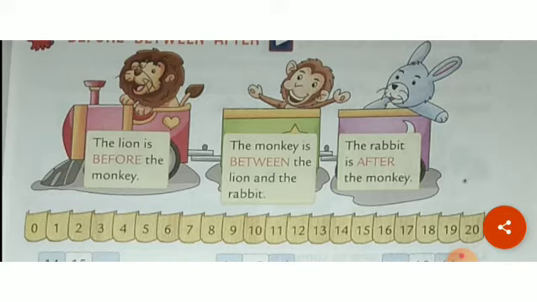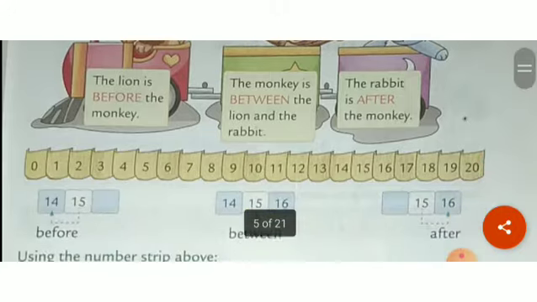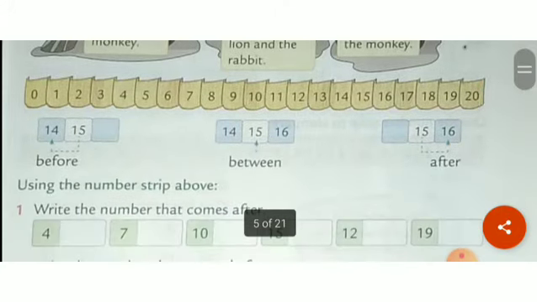This is the meaning of before, between and after. In the same way, if you consider the numbers 14, 15, 16, 14 is the before number of 15. 15 is the between number of 14 and 16.